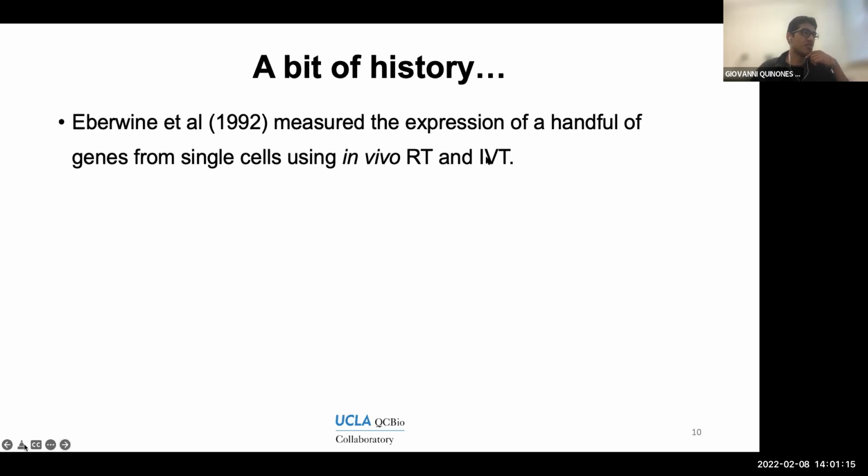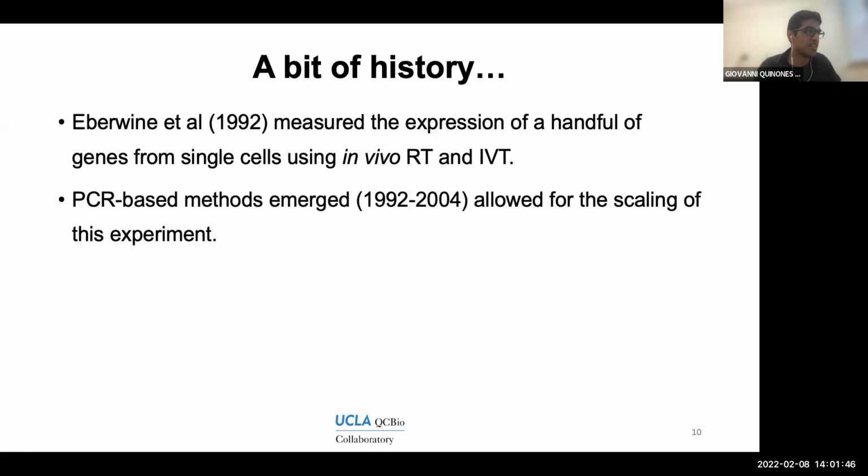We'll mention what this is exactly later, but it's just a set of experiments that will try to amplify the signal of specific genes. So as you can imagine, these early studies were very limited to just a handful of genes. I believe it was 10, 20 genes, something like that, and for a few cells that they were able to collect.